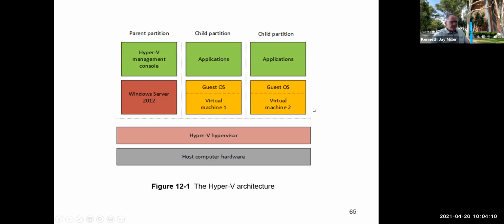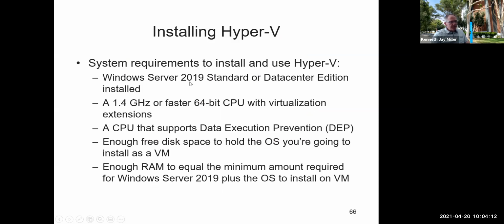All right, now installing Hyper-V, we need at least a 1.4 gigahertz or faster 64-bit CPU.